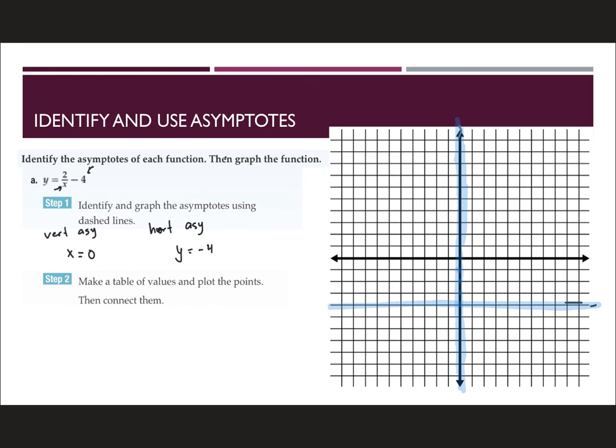Where in the quadrants? Well, if you remember from last PowerPoint, we talked about what it would look like if k was positive. If k is positive, it's going to give us a hyperbola that looks kind of like this. And then if k is negative, the hyperbola is going to look like this, ish, heavy on the ish.